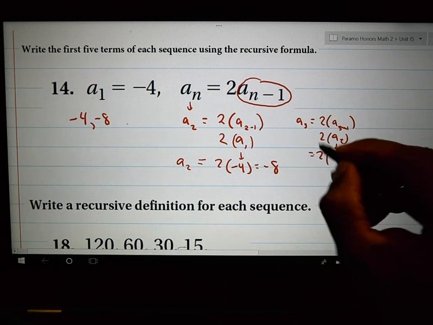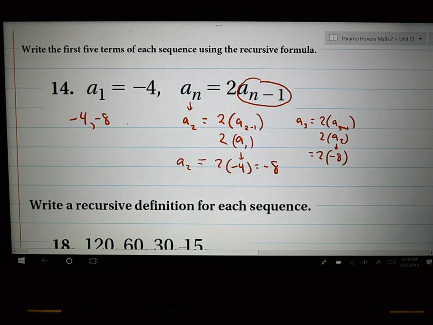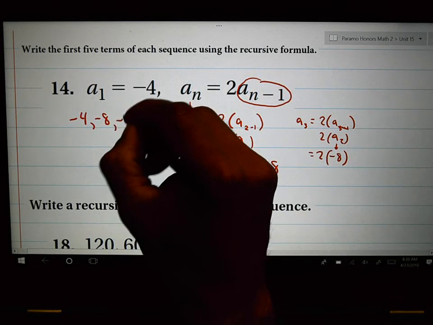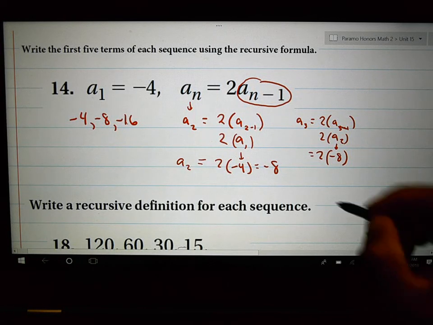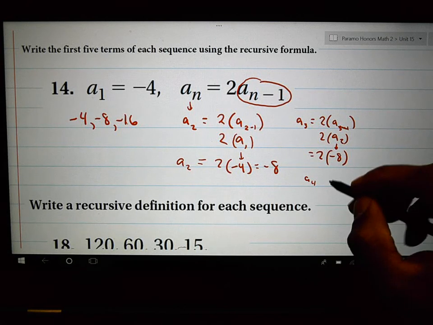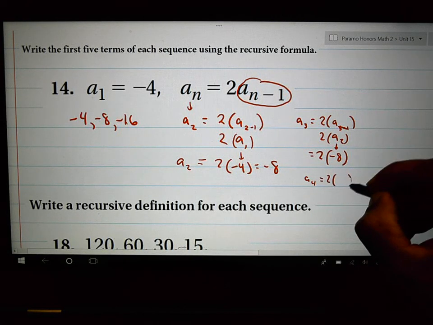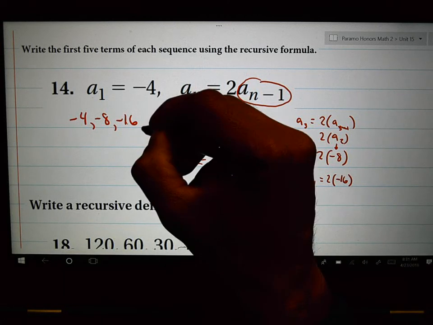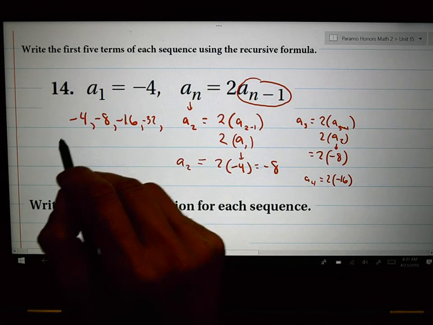And the third term's value will be 2 times -8, which is -16. You can do the same sequence every single time. You can just go A of 4 is 2 times the previous term's value if you want to, which is -32. And if you see the pattern, you can just continue it.